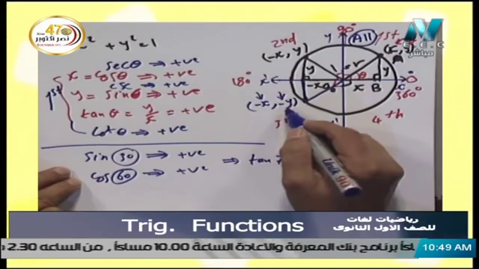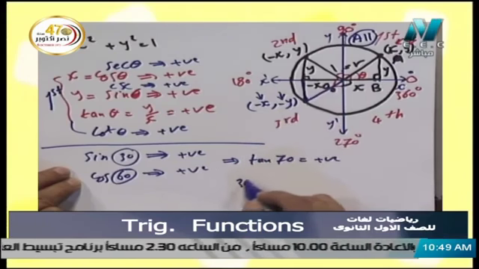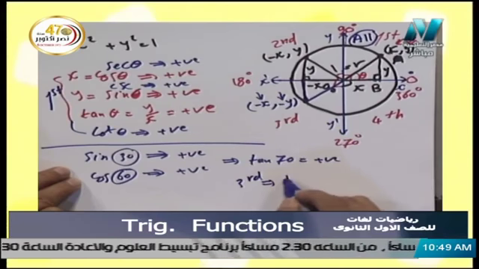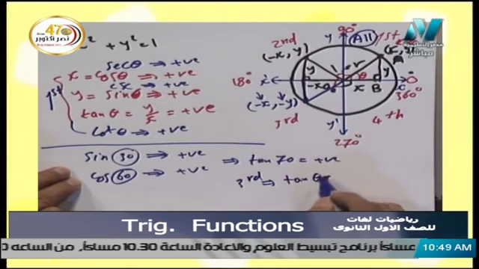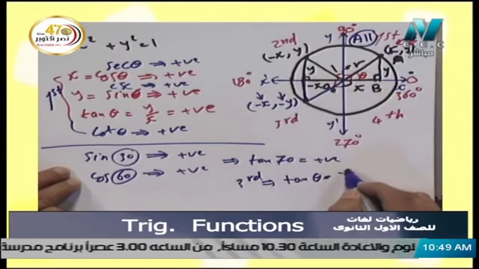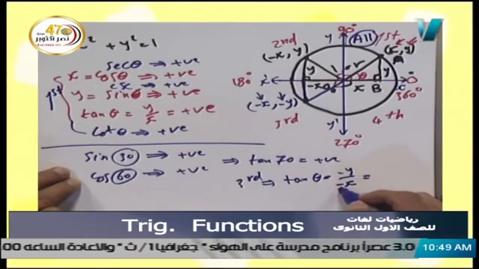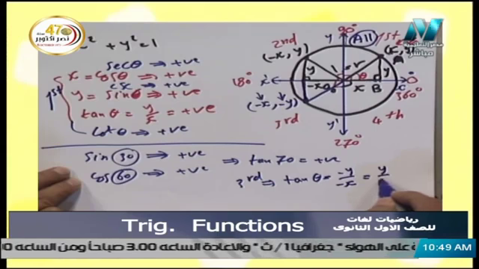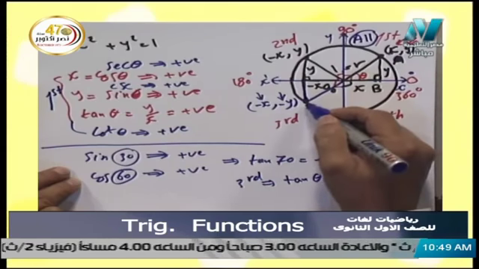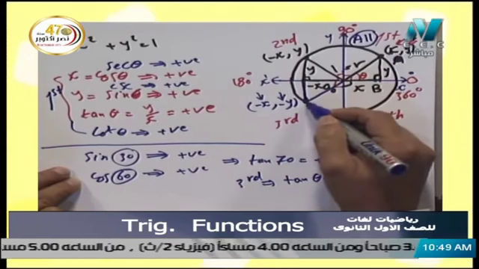But here is third quadrant. In third quadrant, tan theta will be negative y over negative x. Negative divided by negative is positive, so in the third quadrant tan and cotan are positive.